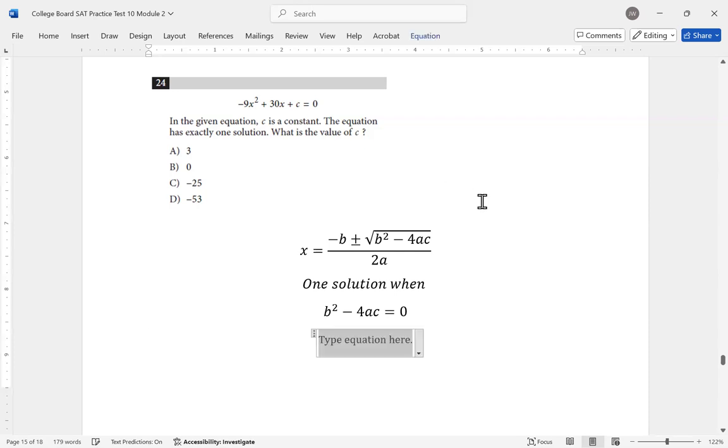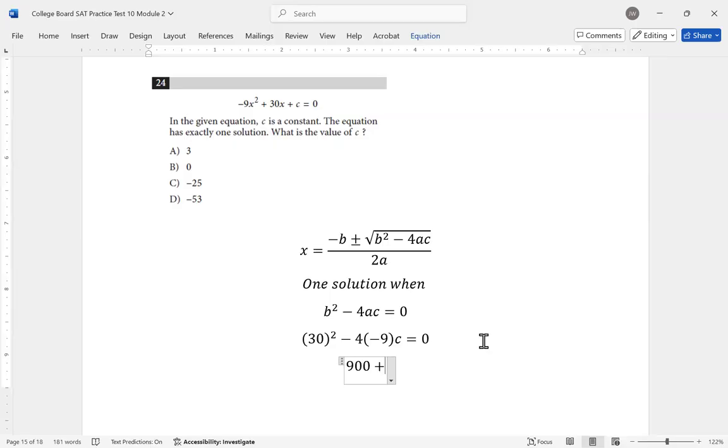So what we have in our case, we know b is 30. We know a is -9. And we're trying to find the c value that will make that equation equal to 0. So we can do that. 30 squared is 900.